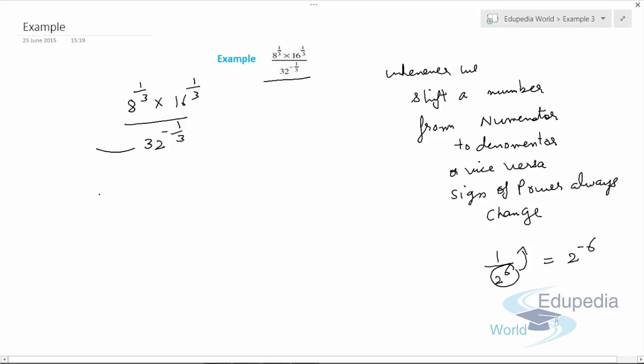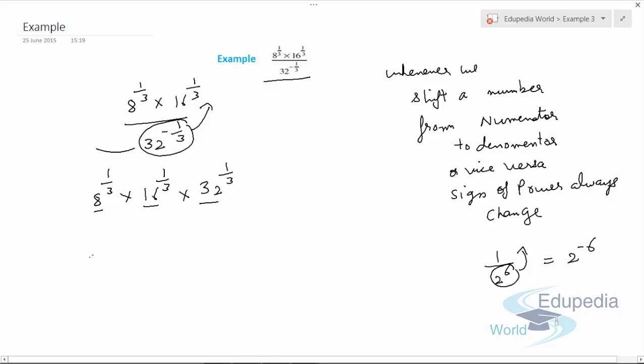So in this question it can be written like this: 8 raised to power 1 by 3 into 16 raised to power 1 by 3 into 32 raised to power 1 by 3. So we are shifting this number to the numerator, so the power will become positive. Further, we can factorize these three numbers.